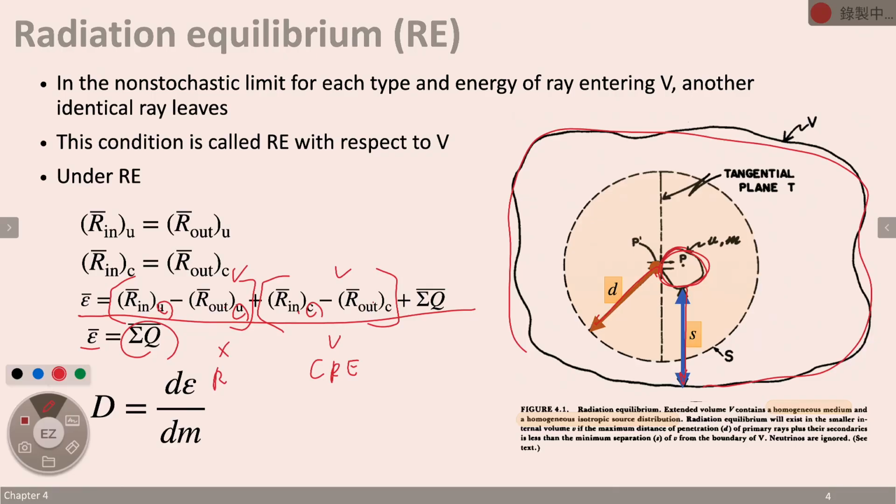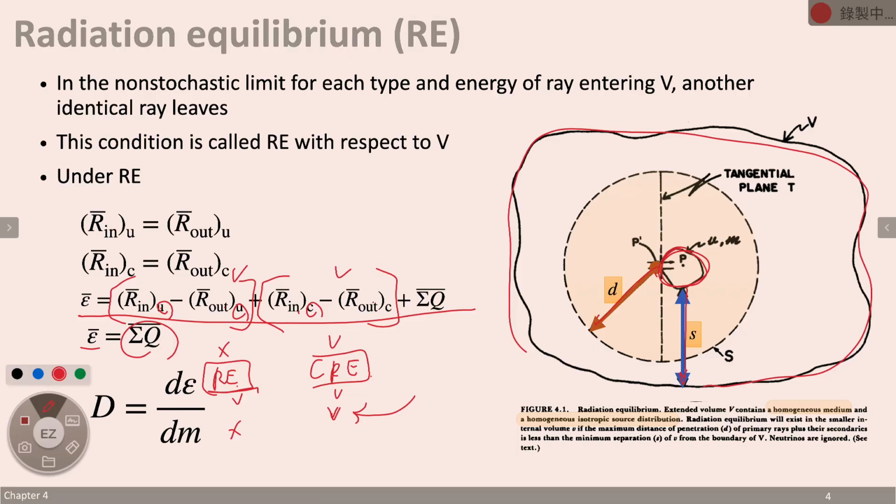If RE exists, then CPE exists. If RE doesn't exist, CPE is not necessarily satisfied, so you should check CPE. Okay, so this is the situation. So we check the CPE first, then we check RE second.